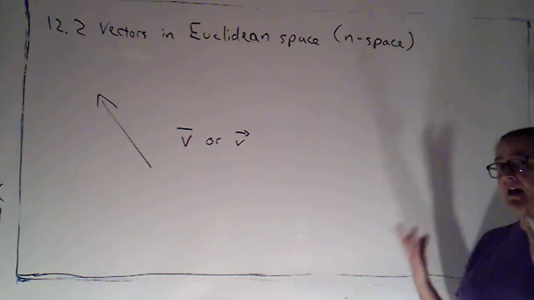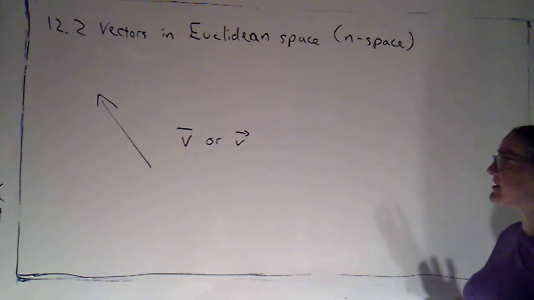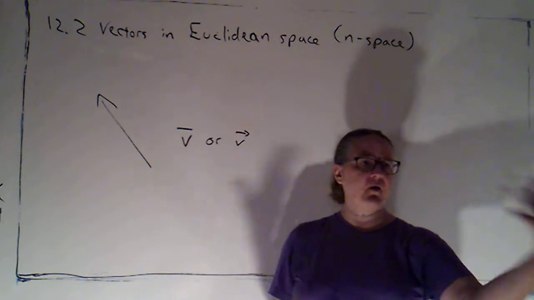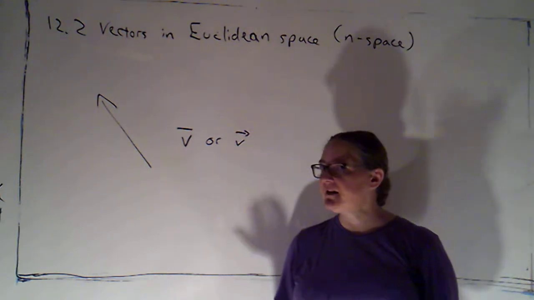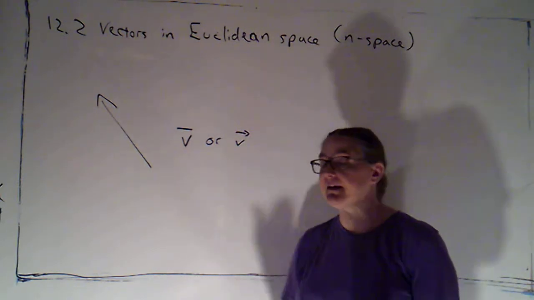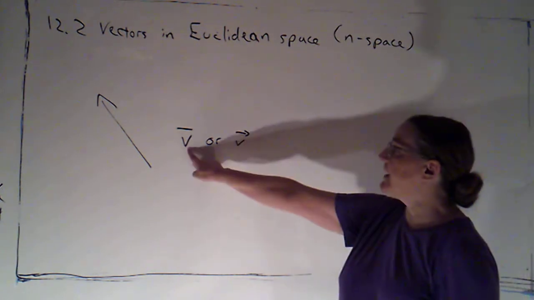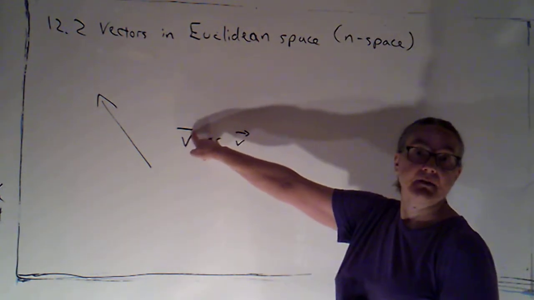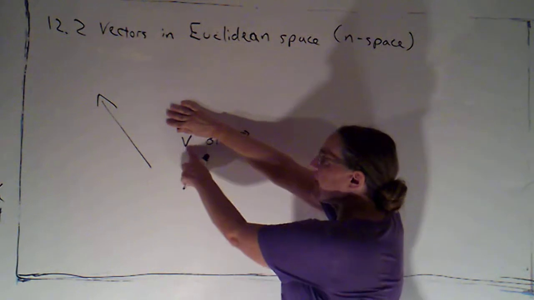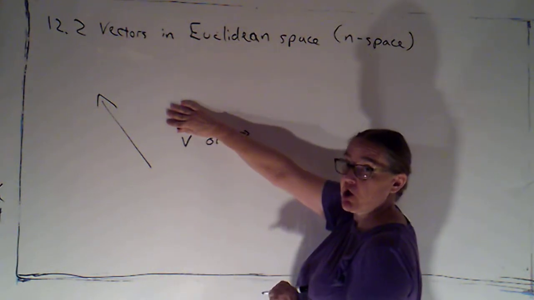That's important because as we go on through this semester, we're going to have lots of problems where we've got vectors and points and numbers. It's really nice to have a notational way of telling what this represents. I know that's a vector because there's a bar over it. If I didn't put the bar over it, that's what I would use to denote a number rather than a vector.